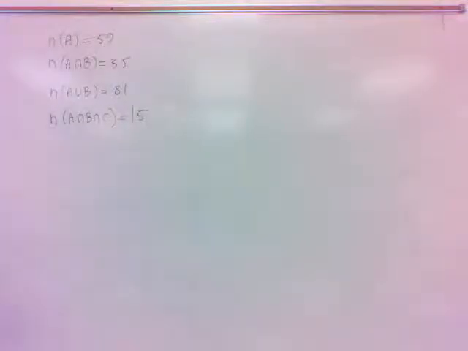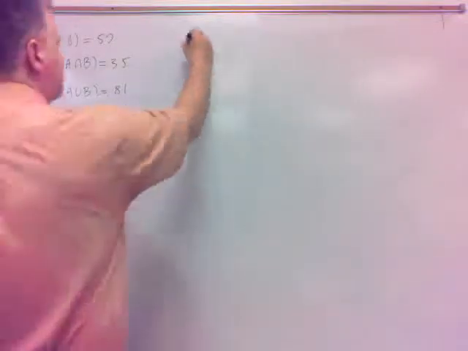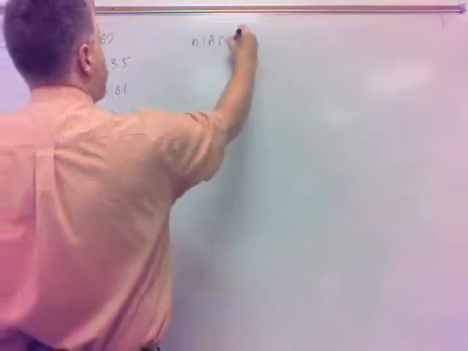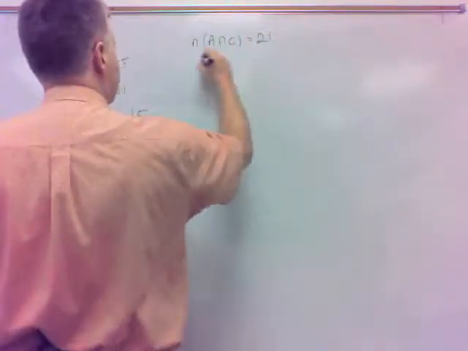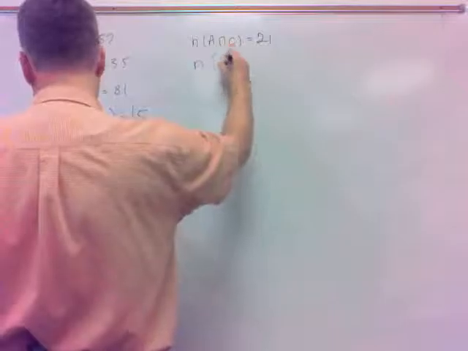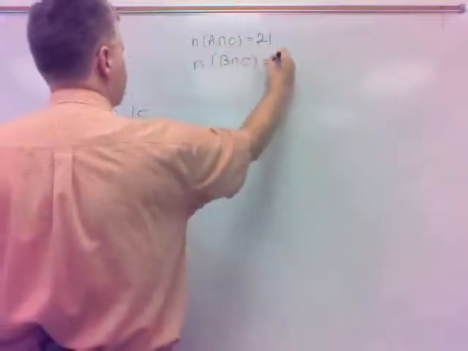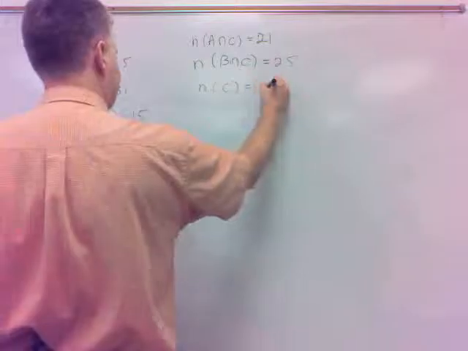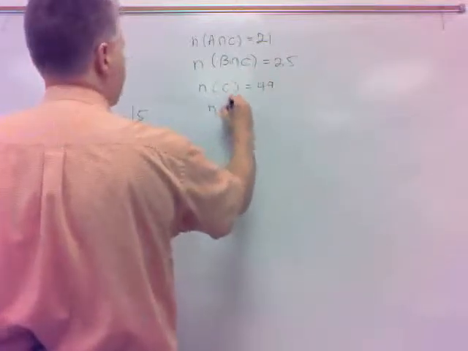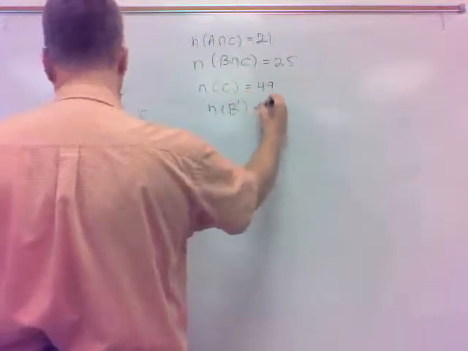Okay, we got 3 sets in this case. The number in A intersection B intersection C is 15. The number in A intersection C is 21. The number in B intersection C is 25. The number in C is 49. And the number in B complement is 52.